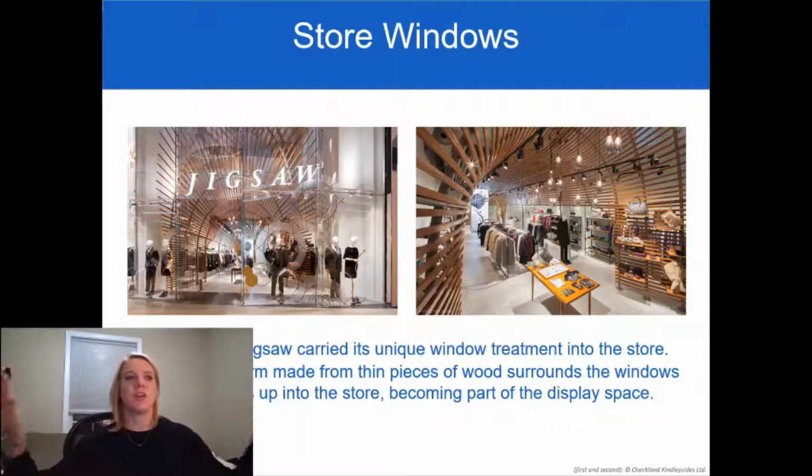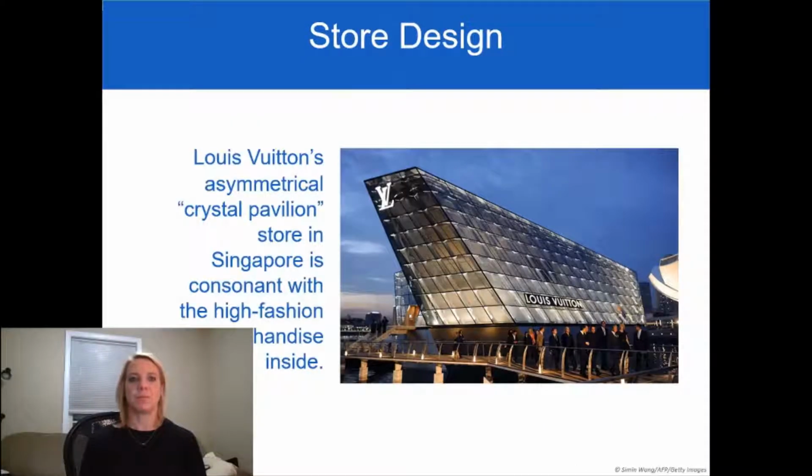So they're actually starting to put items on shelves on those little pieces of wood. Louis Vuitton's asymmetrical Crystal Pavilion store in Singapore is consonant with the high fashion merchandise that's inside. So sometimes it's really the exterior of the store that makes you want to enter.